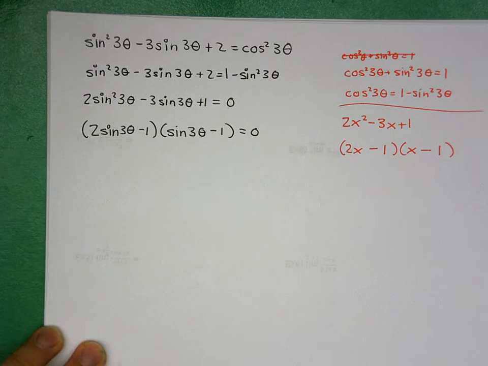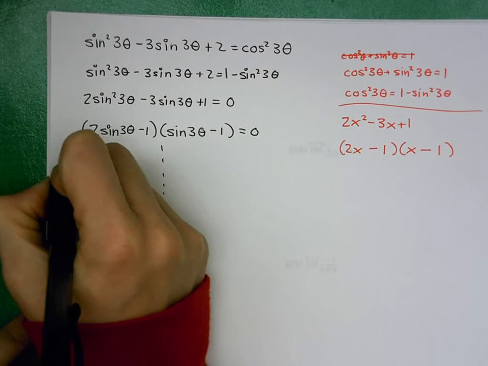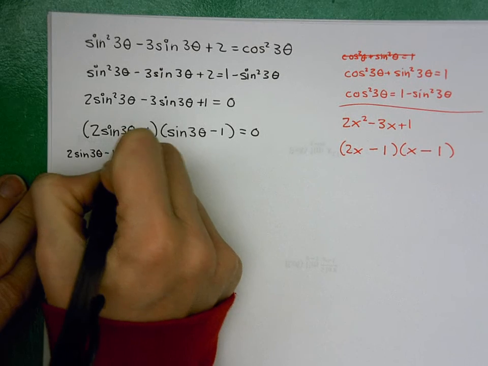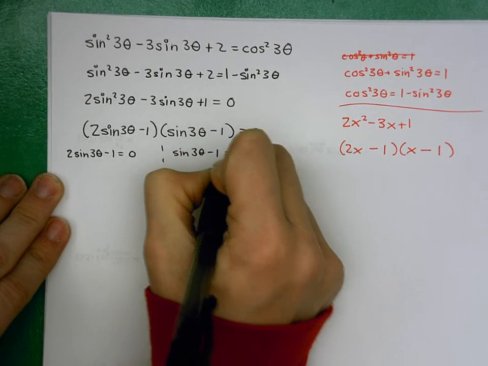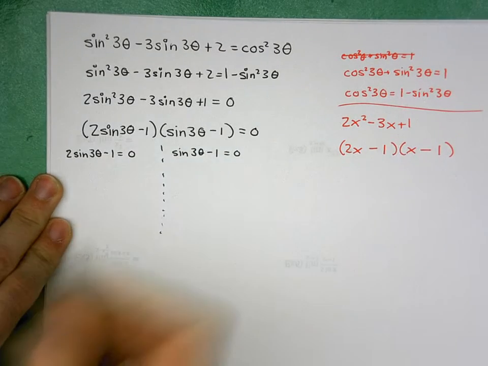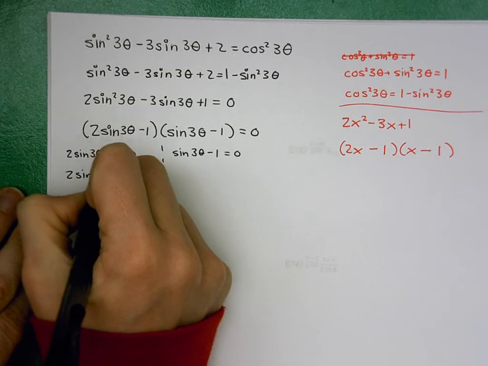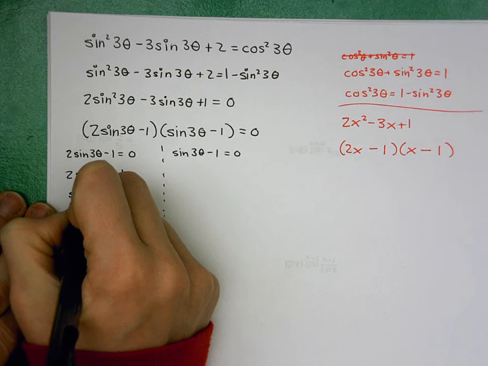Okay, setting the two factors equal to 0, we have our 2 sine 3 theta minus 1 equaling 0, and our sine of 3 theta minus 1 equaling 0. Okay, on the left side, adding the 1 over, we get 2 sine of 3 theta equals 1. Dividing by 2, we get sine of 3 theta equals 1/2.